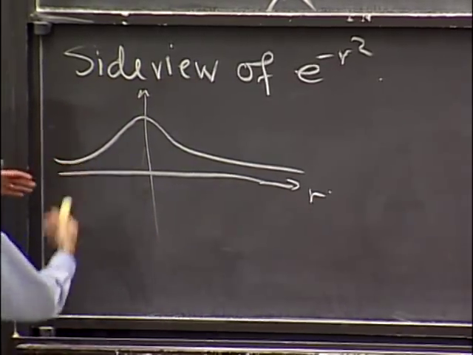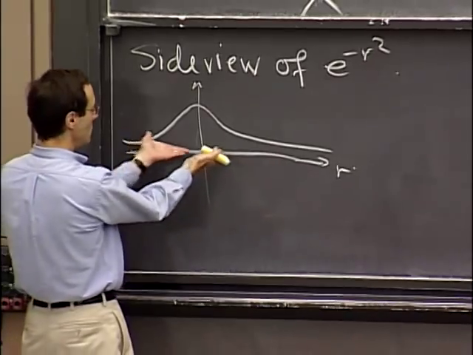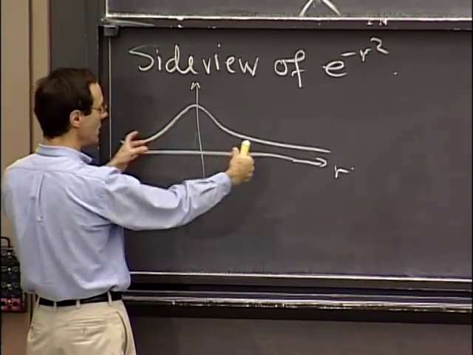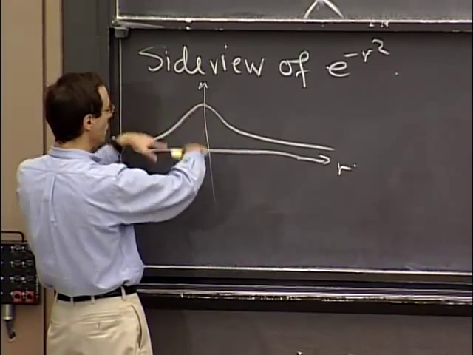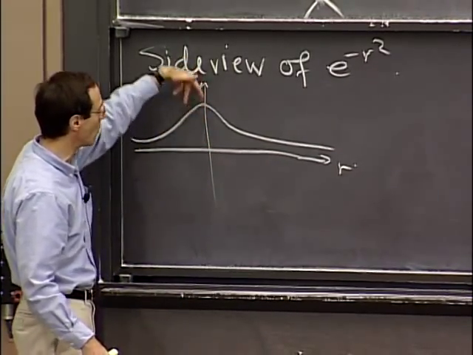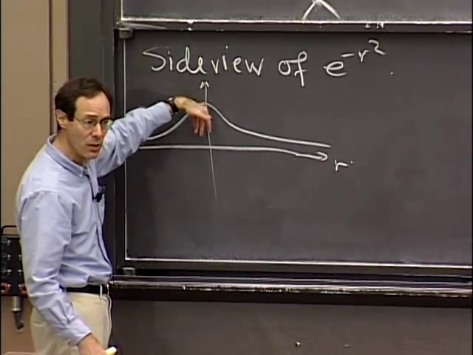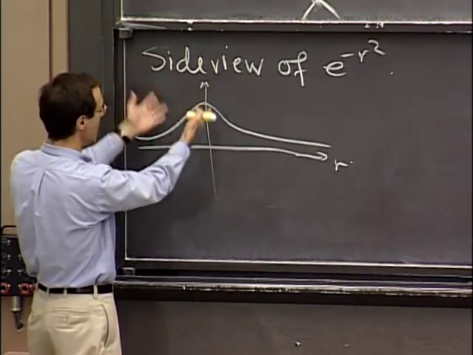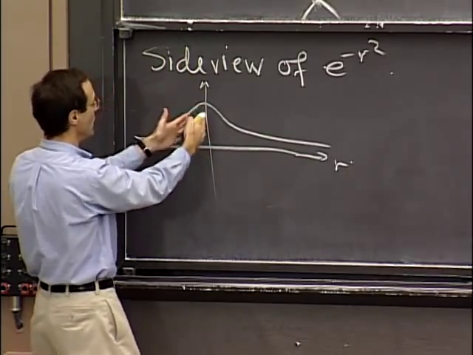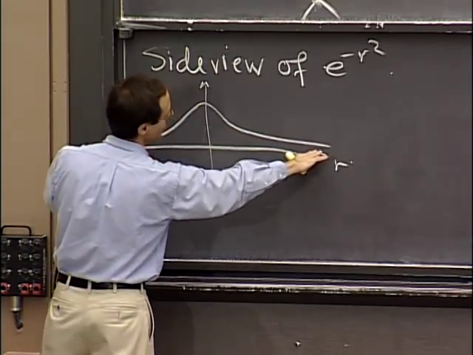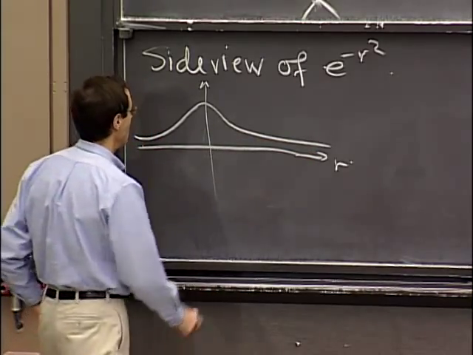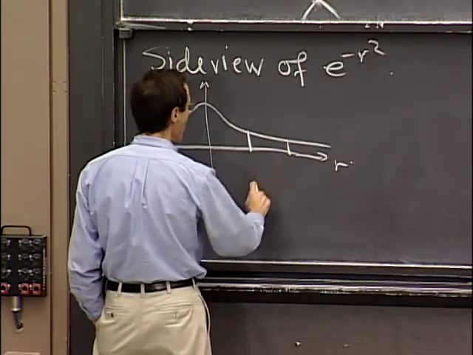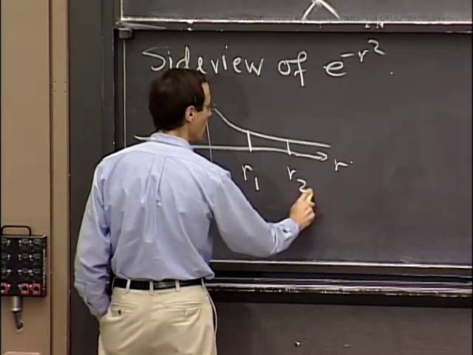You should think of the horizontal here as the plane of the dartboard, and the vertical as measuring how likely it is that darts will be piling up here. If they were balls tumbling down, many of them would pile up here, and many fewer would be piling up farther away. The chunk that we're keeping track of is the chunk between r1 and r2. That's the corresponding region here.